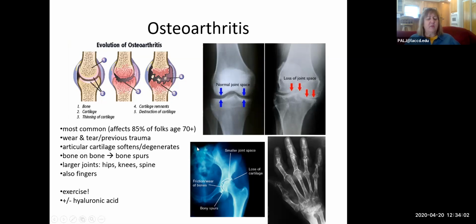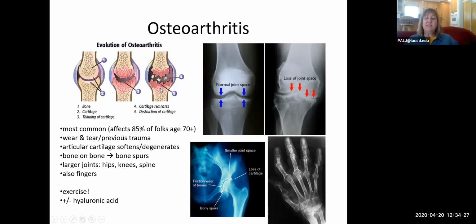So if you have been any type of an elite athlete or professional athlete, your chance of developing osteoarthritis is pretty close to 90, 100%. Okay, and it's going to affect you at a much younger age because you have had more damage. So what happens with this wear and tear is the articular cartilage degenerates over time.